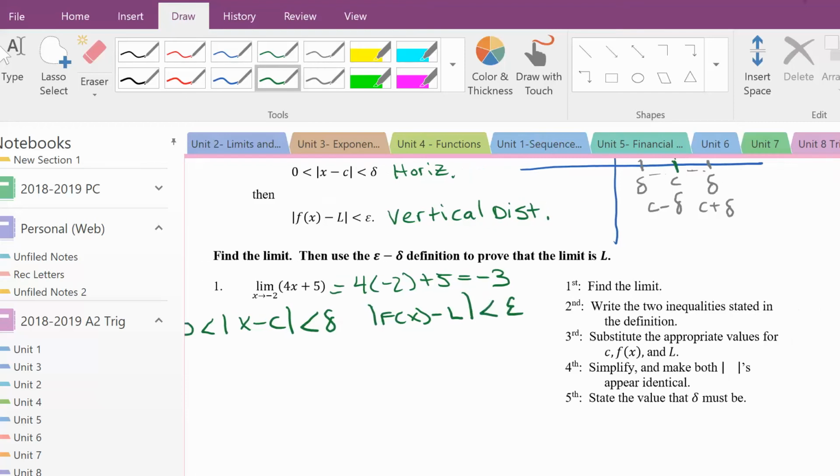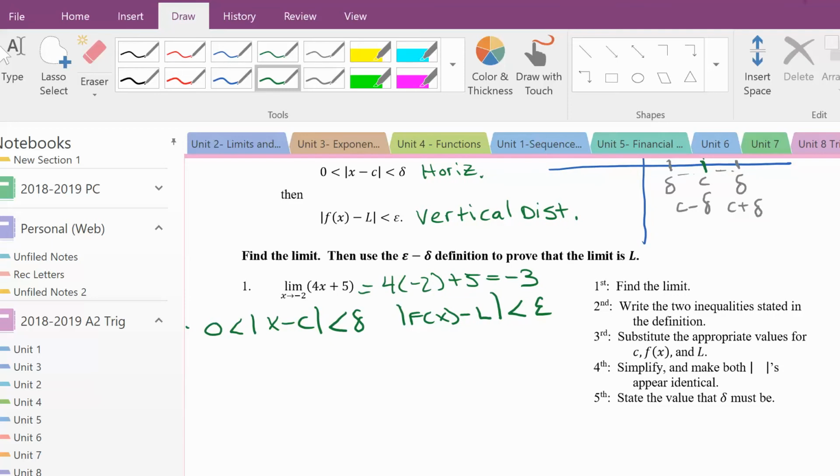Then we substitute the appropriate values for c, f(x), and L. So here we have the absolute value of x minus -2, so x plus 2, is less than delta. And then we also have the function, 4x plus 5, minus the limit, which is minus a negative, so it's plus 3, is less than epsilon.